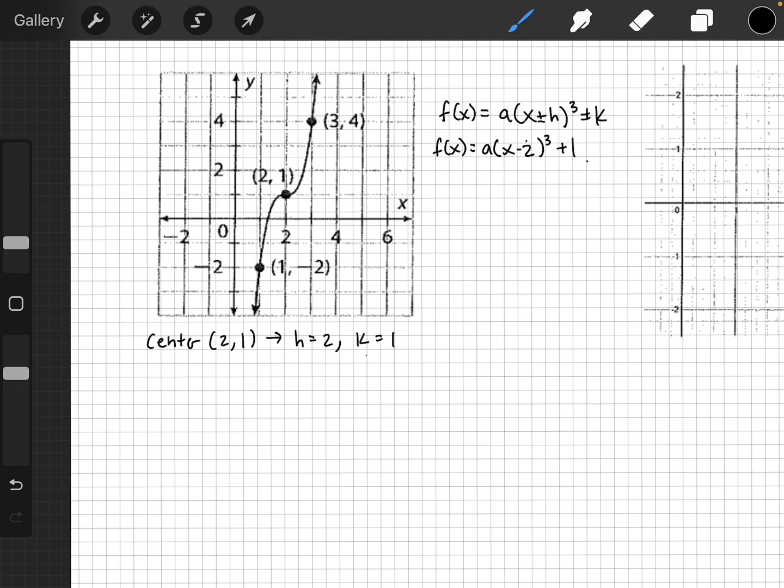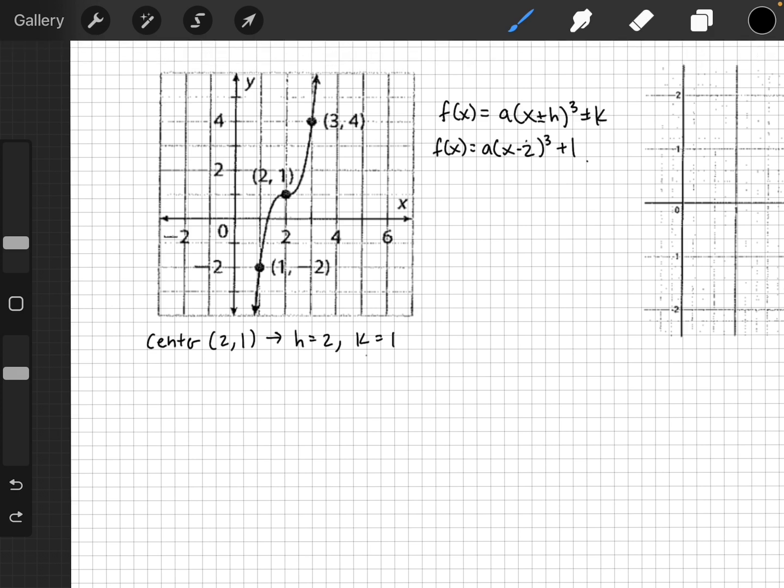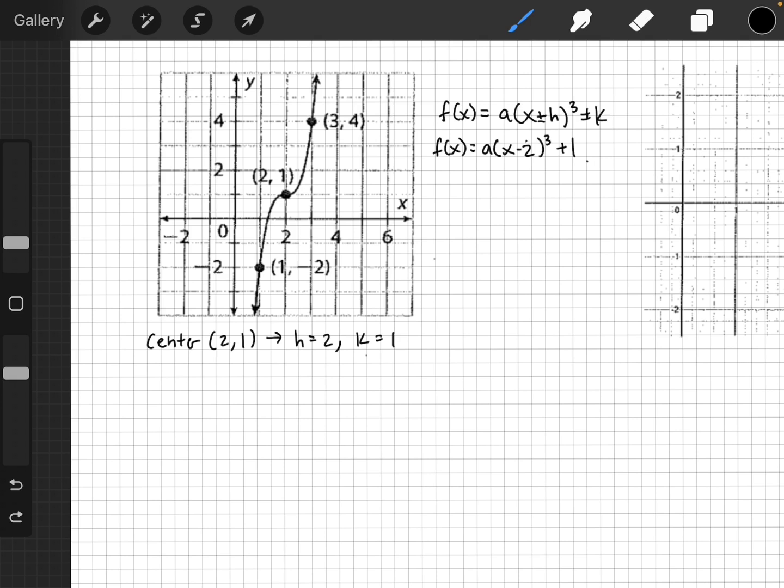Now that we have our h and our k, we can find if there's an a value here using a coordinate that we're given. So let's use 3 and 4. So f of x is our y coordinate, so I'll set 4 equal to a, and then x here is 3, (3 minus 2) to the power of 3 plus 1.